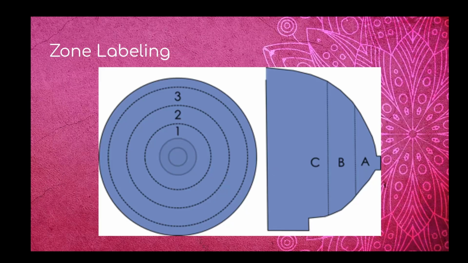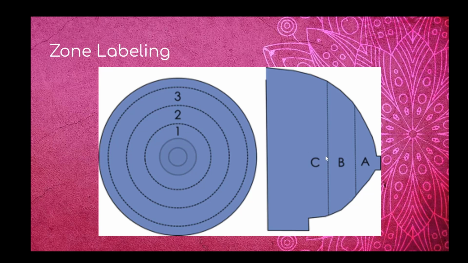Zone labeling is another tool that you can use. It is not used very commonly these days, typically because we can look at the ultrasound, we can look at the mammogram, and we can kind of figure this out without having to label it. But the way zone labeling works is, first off, you pick a number, 1, 2, 3, depending on the proximity to the nipple. So if it's in the first third of the breast near the nipple, that's zone 1. The outer third then is zone 3.